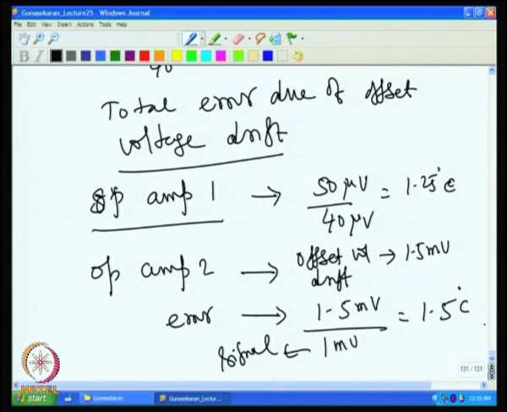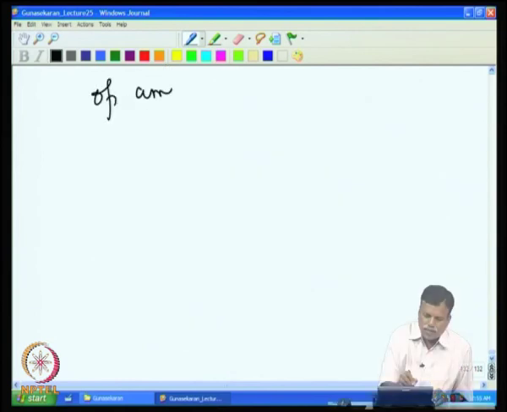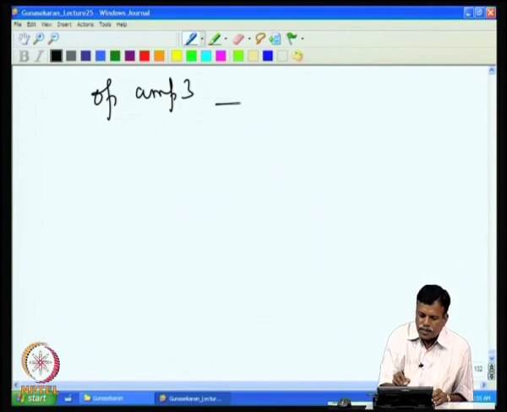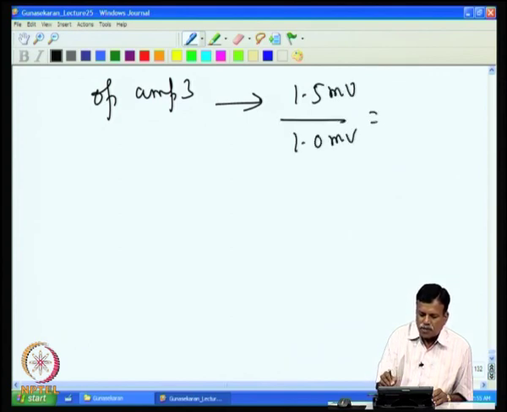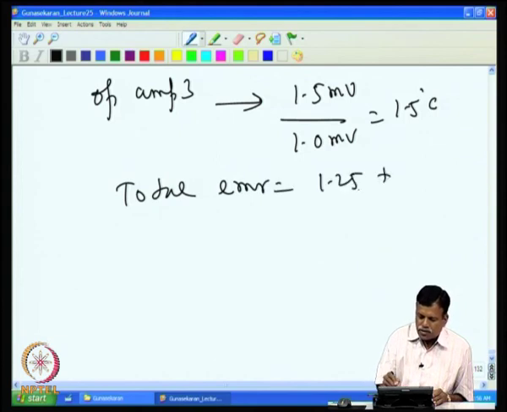Third stage, op amp 3, error in the op amp stage 3. That works out to be the total drift again 1.5 millivolt and the signal is 1 millivolt. So, that comes to 1.5 degree C. So, total error will be 1.25 plus 1.5 plus 1.5.